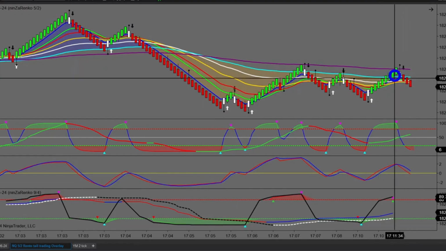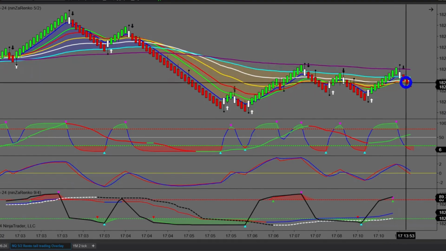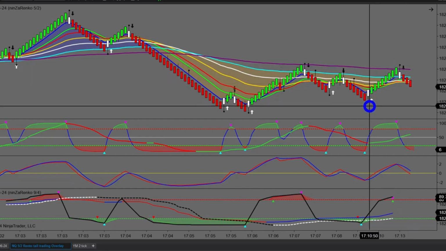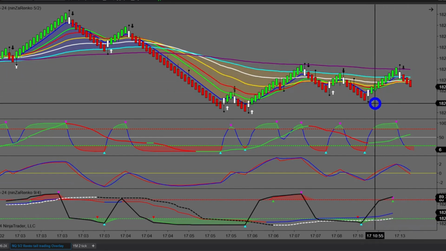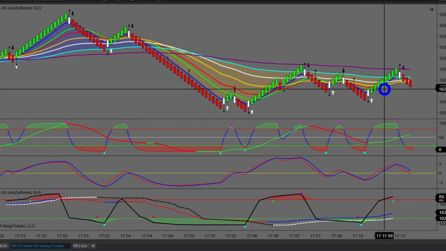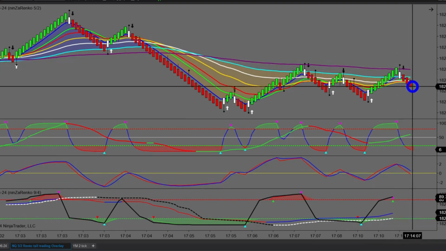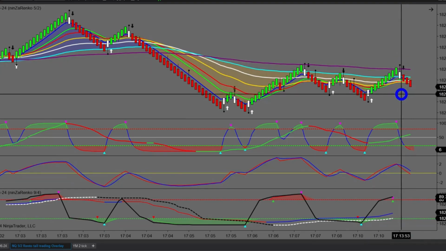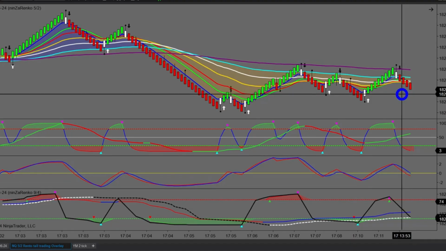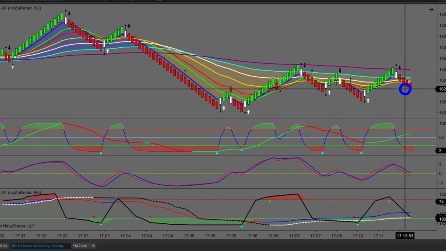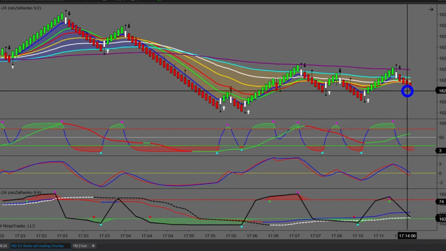That means, yes, we could have entered here on the super scalper. However, because I can see all these green candles, I know I'd have green candles on the anchor chart 1. So I want to wait for the anchor chart 1 candle to close, which is probably about there, on the close of the 4th or 5th candle.